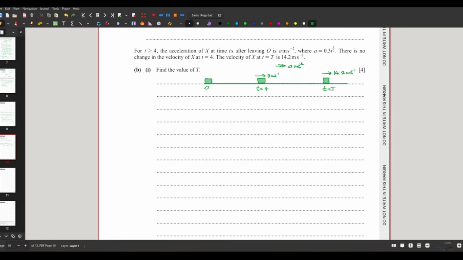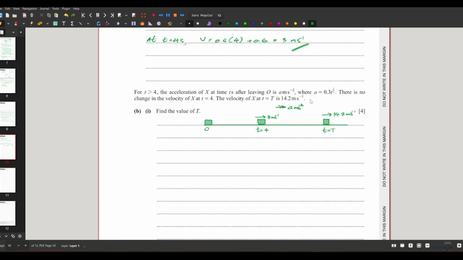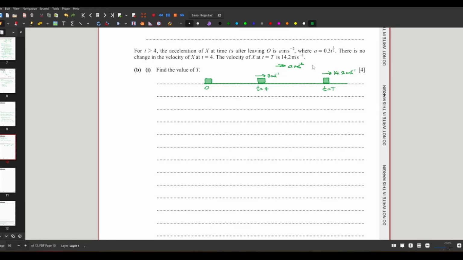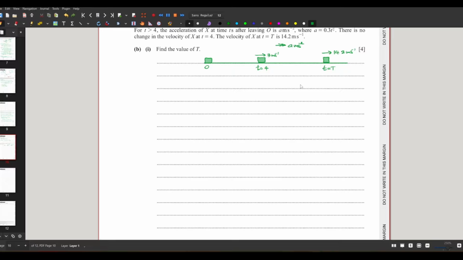So they gave you the velocity at time capital T, but we have only the equation for the acceleration. If you have the velocity equation, then you can substitute capital T into that one and equate to 14.2, and with that you can find it. So in this case, we have to integrate the acceleration equation to find the velocity.